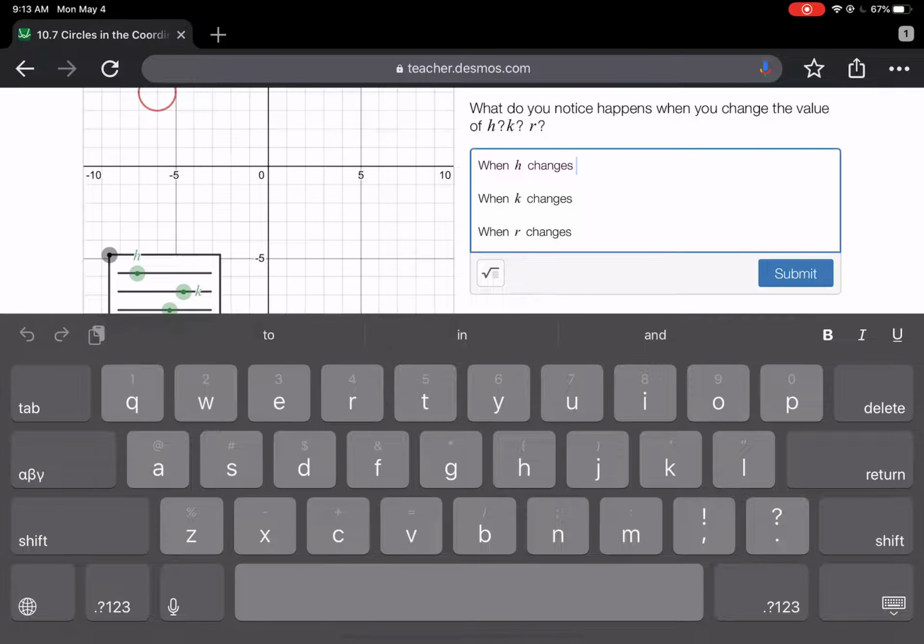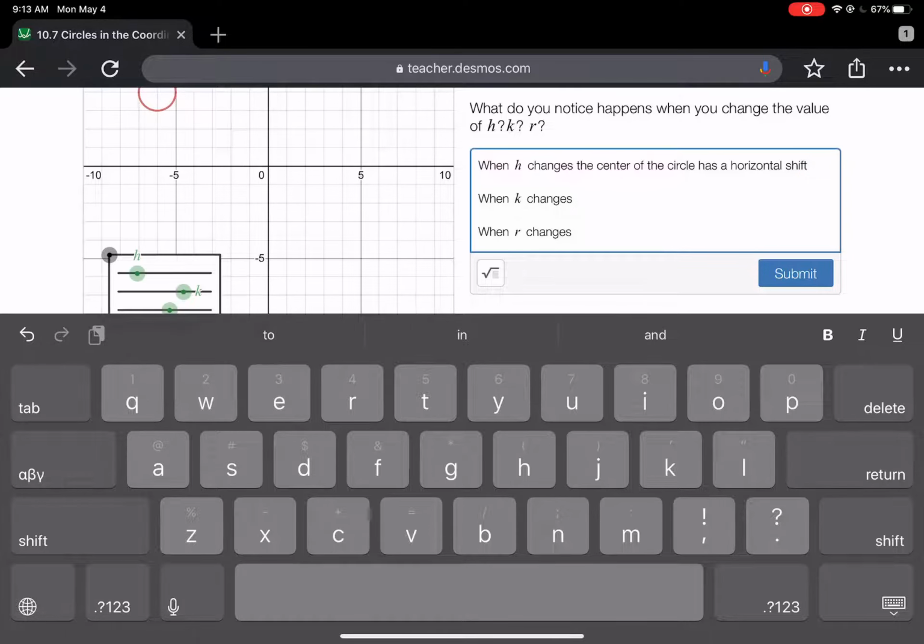So when h changes, the center of the circle has a horizontal shift, so that moves left and right.